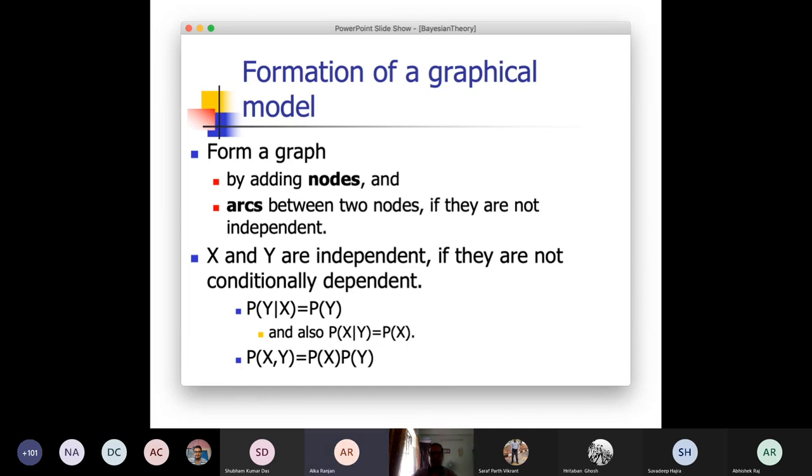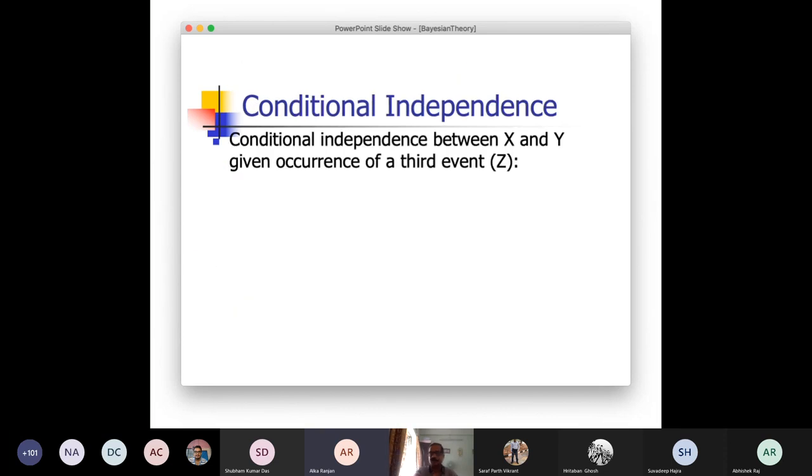They are all equivalent statements. And when you have the joint probability distribution, then simply you can express it as the multiplication of these individual marginal probabilities. These are certain things from our basic knowledge of statistics, or probability theory itself, that we can infer. Now, the conditional independence: when we spoke of independence of two random variables, there was no condition attached.